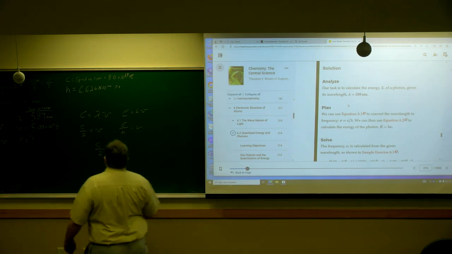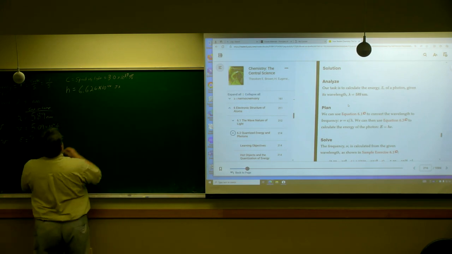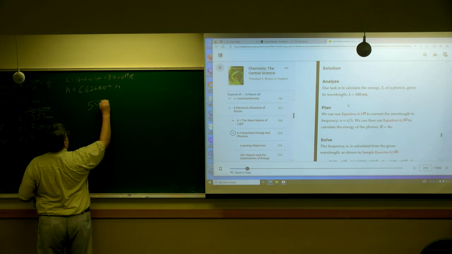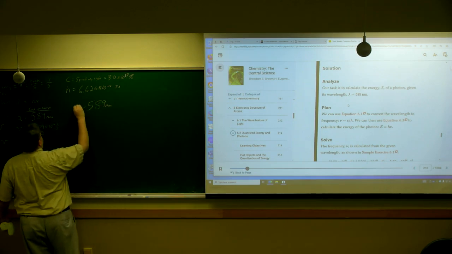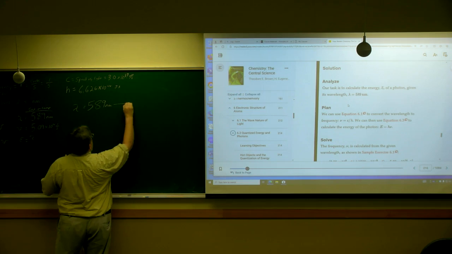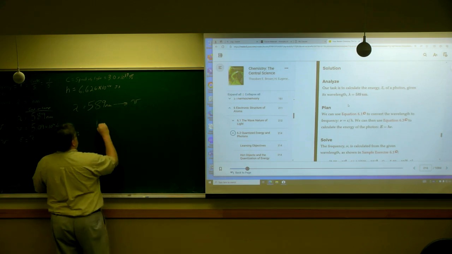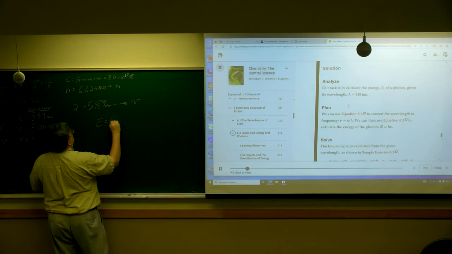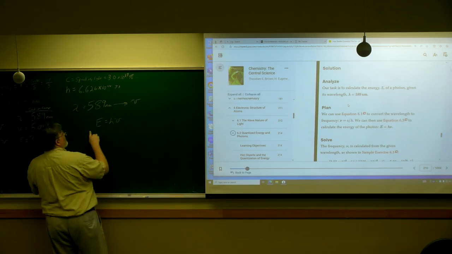So this is saying, first you would calculate, we're again given lambda, but we need the frequency, so we first have to get that as a frequency, and then we can get energy this way. We'll use the constant and that frequency, and then we can find energy.